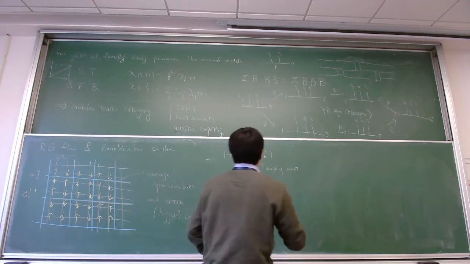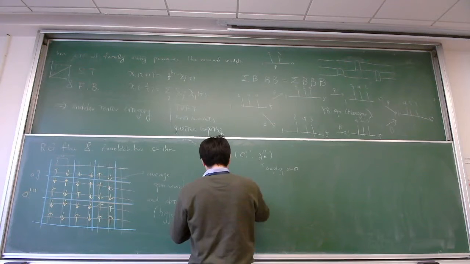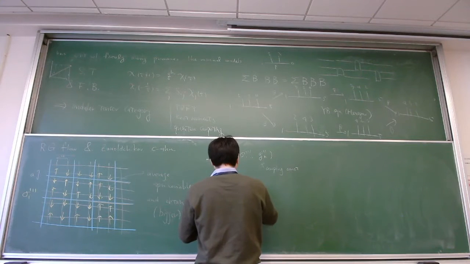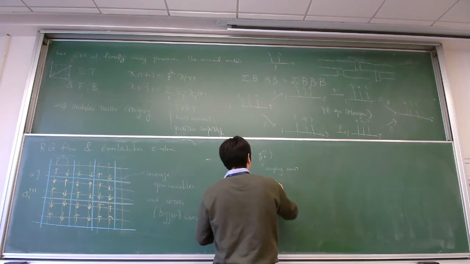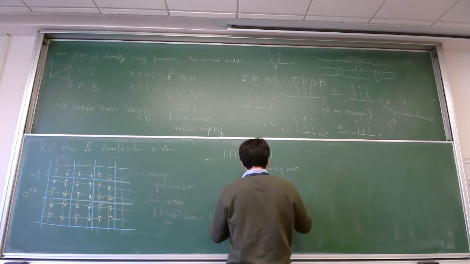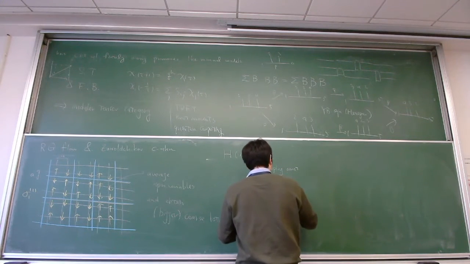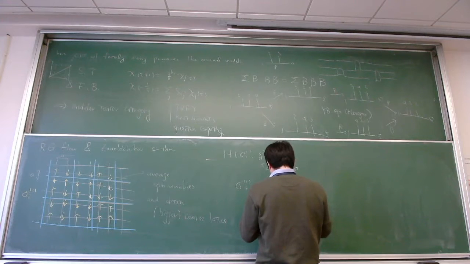So we just do the average over sigma. Sigma k of 2 is equal to some constant A times the sum over i in the box b_k of sigma i of 1.